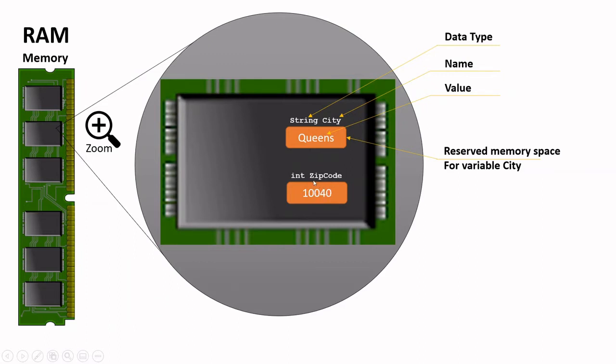It has a name, and it has a certain data type specifying what values can be stored in that memory space. So we shouldn't think about them now as containers. We know now that they are reserved memory spaces in RAM, random access memory, and these memory spaces have a type, have a name, and can contain some values.